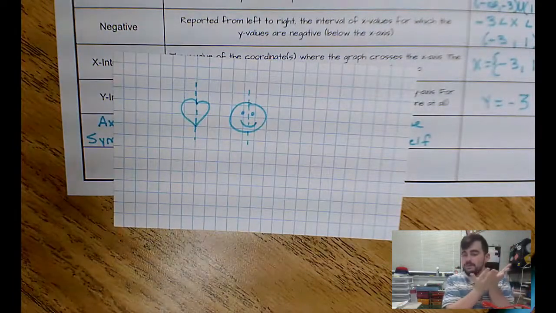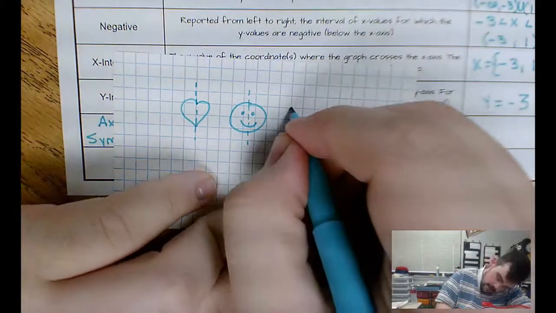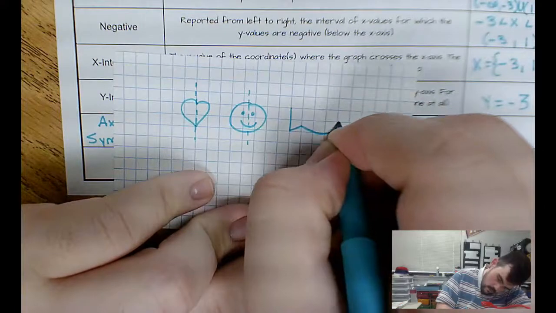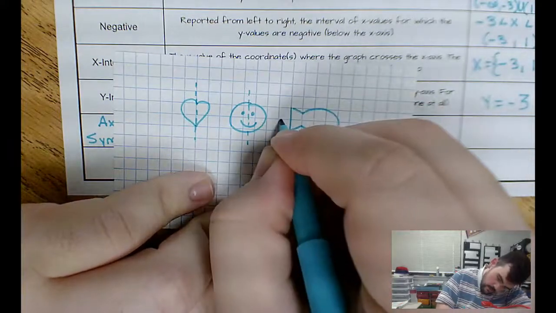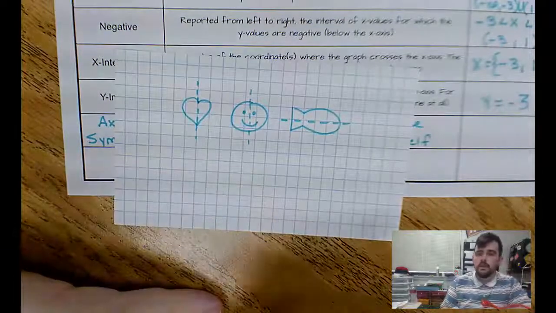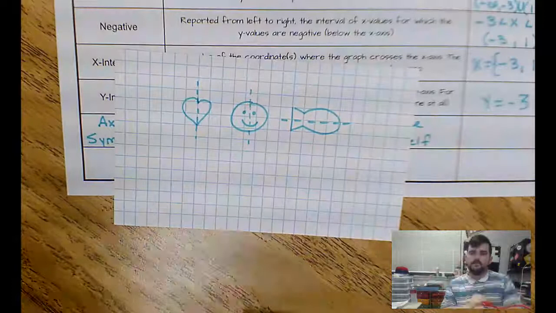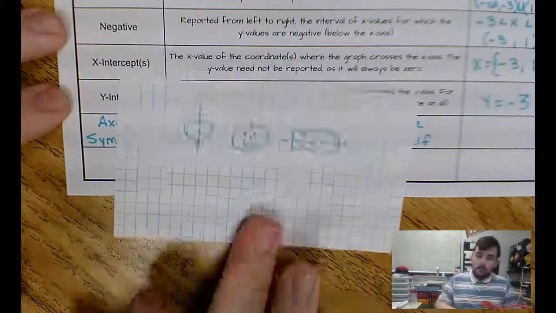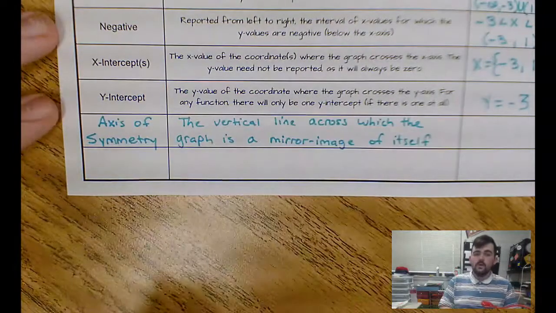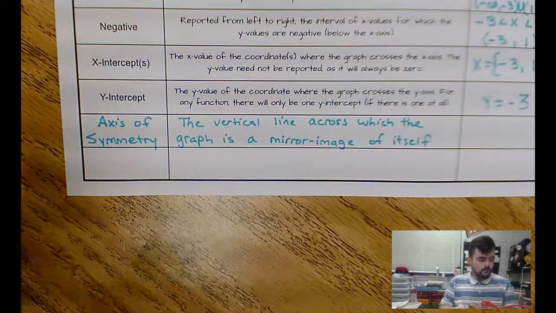Now, lines of symmetry aren't always just a vertical line. Like for this fish, it has a line of symmetry this way, where I could take the image and fold it on top of itself. Parabolas will all have one axis of symmetry, a vertical line.